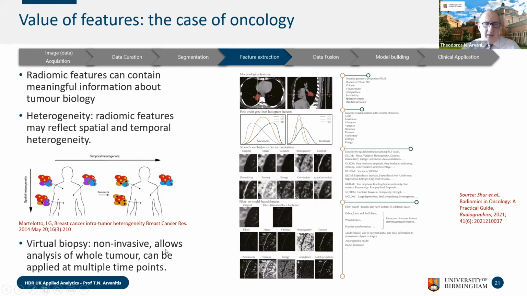And actually, the combination of these, as I said at the beginning, together with the quantitative features that we can add there, can become a virtual biopsy, can non-invasively allow us to do the analysis of the whole tumor or parts of the tumor, at different multiple time points.